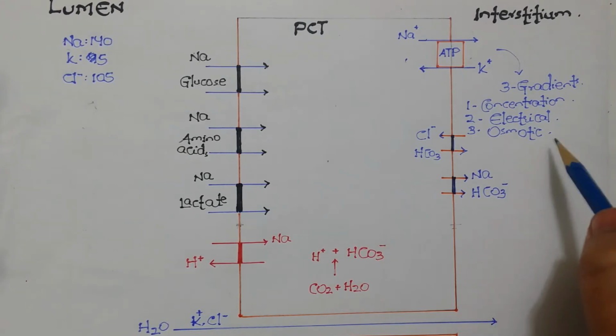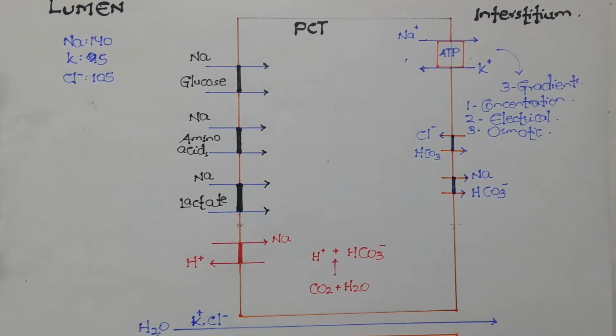As a result of that osmotic gradient, water too moves out of the tubular lumen into the interstitium. And on its way, it takes potassium and chloride as well, a phenomenon we call solvent drag. So this is how sodium transport causes the osmotic reabsorption of water along with potassium and chloride.